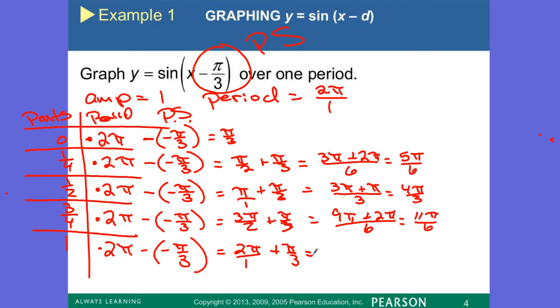So that's going to give me 6 pi plus pi over 3. So together I get 7 pi over 3. Now, did you guys write all this down? Yep. Okay, because I'm going to ask you for these here in a moment.